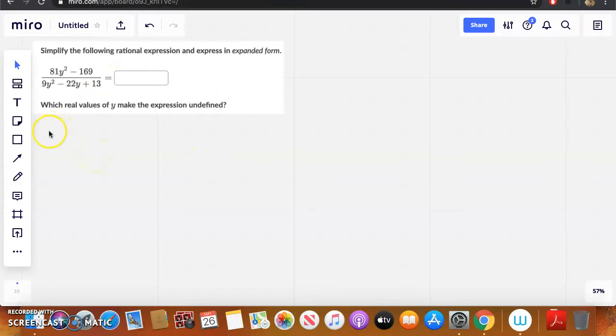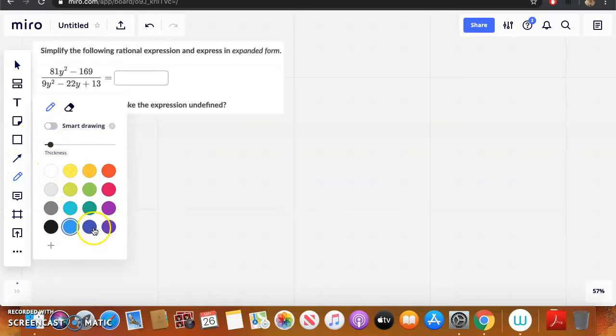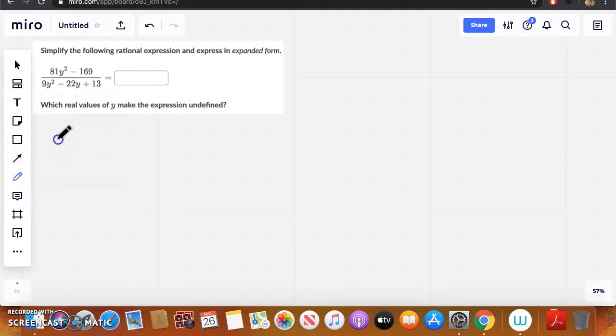Again, steps are always the same. Step 1, factor completely. Step 2, or I called it step 1.5, but we can call it step 2, doesn't matter. We can call it 1.5 if you want to, because you're used to it.